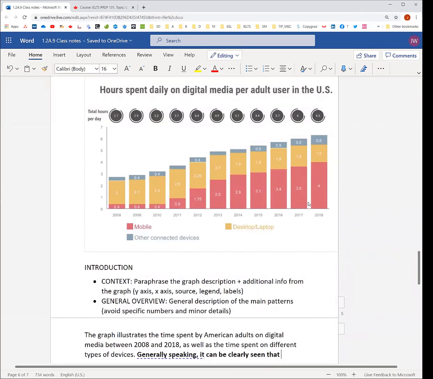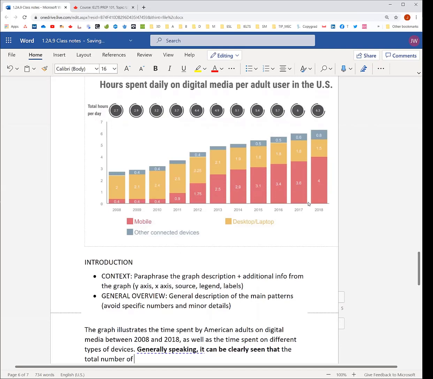It can be clearly seen that the total number of hours spent on digital media increased steadily. We'll put an adverb in there, okay? I will not mention numbers, right, in introduction. That's right.